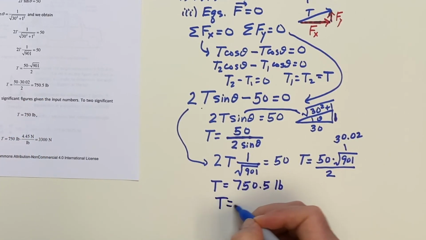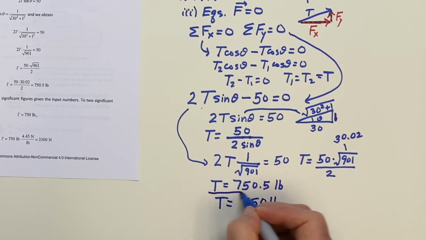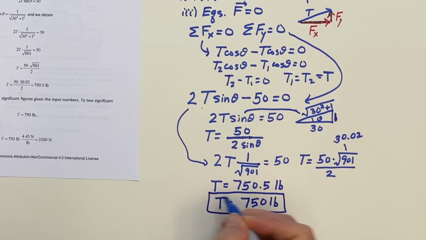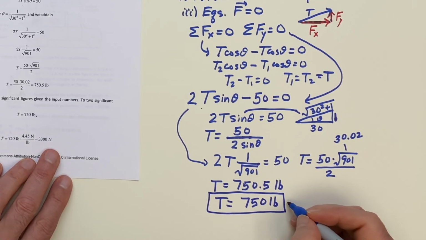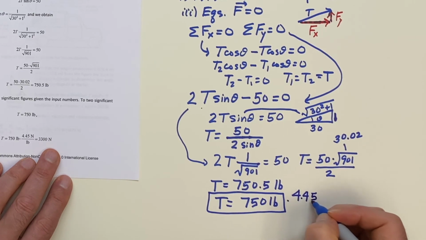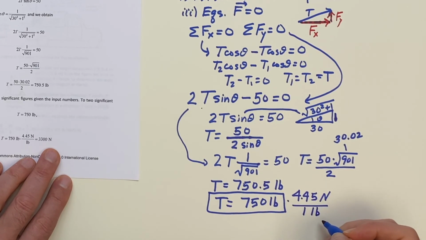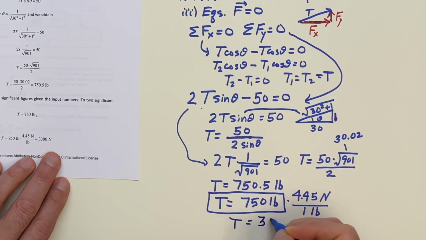We could just say 750 pounds. Now, I apologize for the US not using metric, so at least convert it to metric at this point. So times 4.45 newtons over 1 pound, and that's going to give us T is 3,300 newtons.